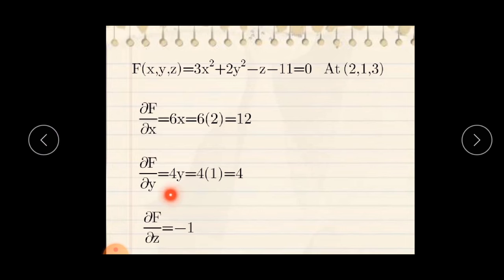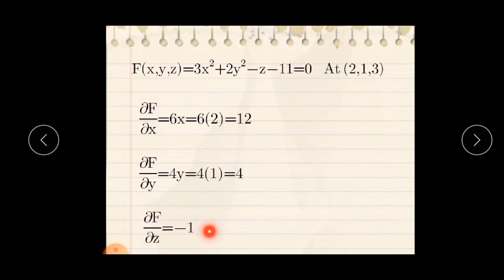And now we need to get the partial derivative of the function with respect to z. The partial derivative of 3x squared plus 2y squared minus z minus 11 with respect to z is negative 1.